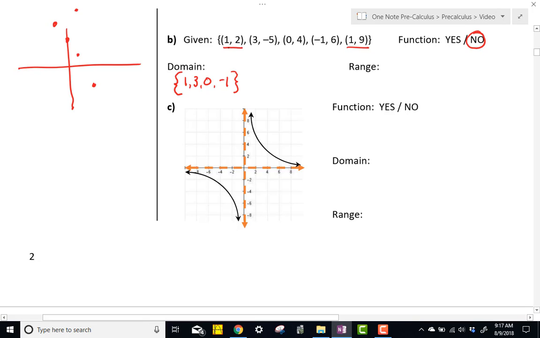Same thing for the range. Just what are the y values here? Usually these would be put in order too. It really doesn't matter here, but I'm just going to go in order. So negative 5 is the smallest one that I see, and then 2 and 4 and 6 and 9.